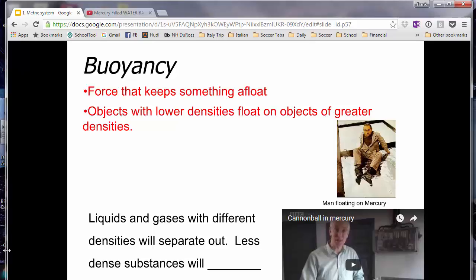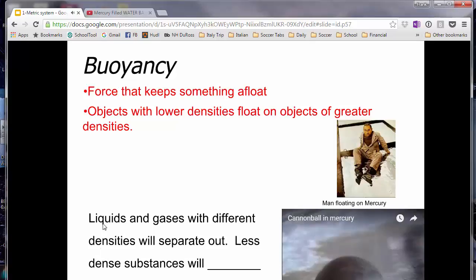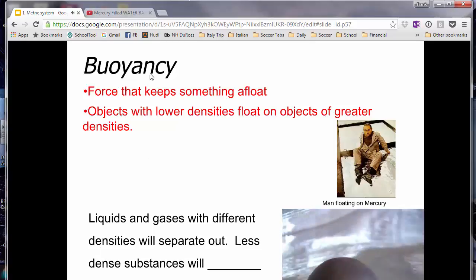This student gave a bunch of their friends some mercury, and they were playing with it. Once they found out, the school had to be shut down for a week, and they had to bring in contractors to go through the whole school and remove all the mercury, because inhaled mercury can be very dangerous and toxic for you. So that was bad. We shouldn't play with mercury, but it is an interesting substance.